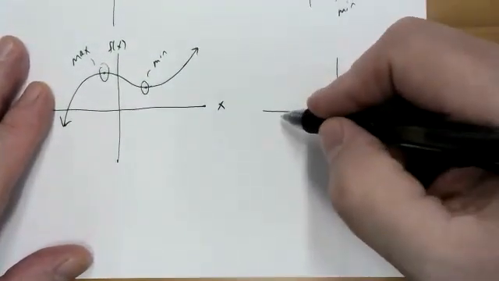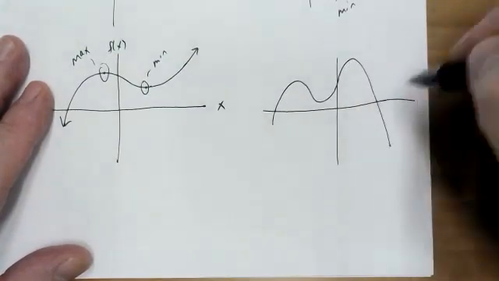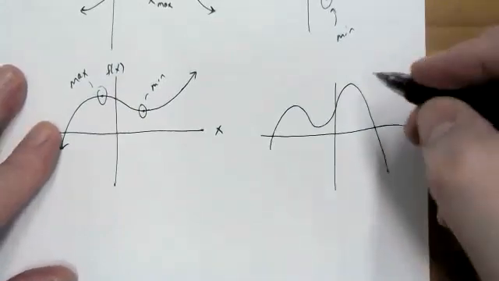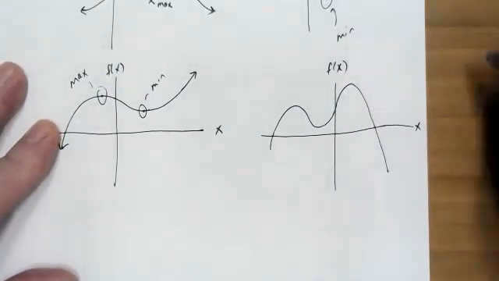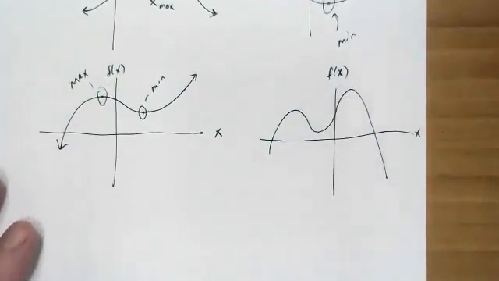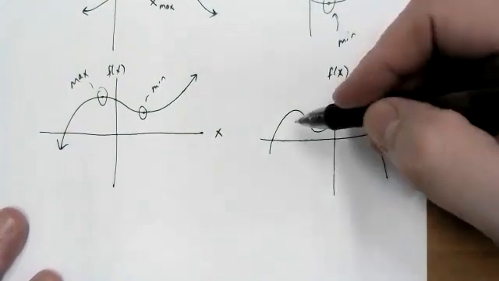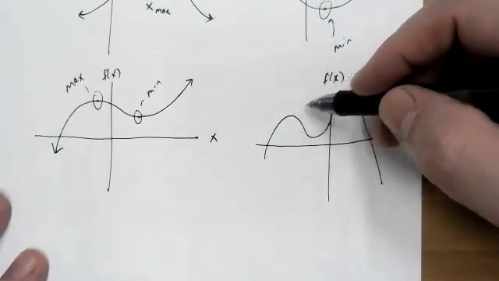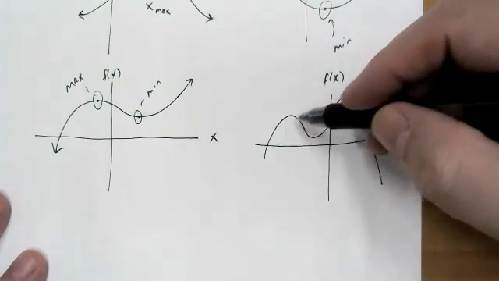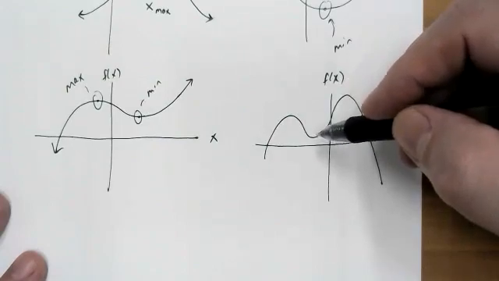And then what if you had a graph like this? And you were asked just to find on this graph any maximums or minimums. Basically, you're just looking for points like the top of the hill where it goes up and then comes down.